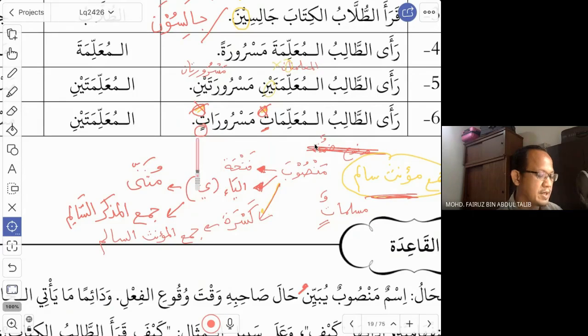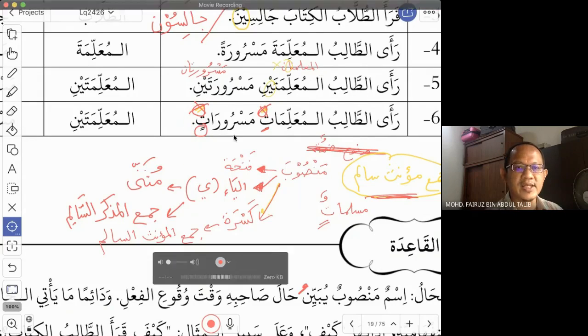They were happy. Masrurat, they were happy. So here masrurat is jama' mu'annas salim. It is a hal, and of course it has to be mansub. From our chart here, for mansub you must use a fathah. You can try to put a fathah, so you say masruratan, but unfortunately this is jama' mu'annas salim.